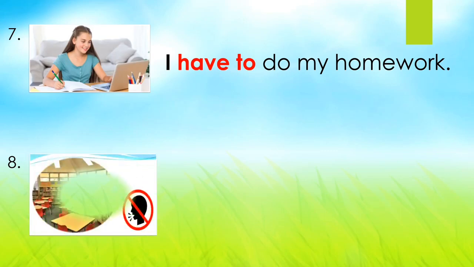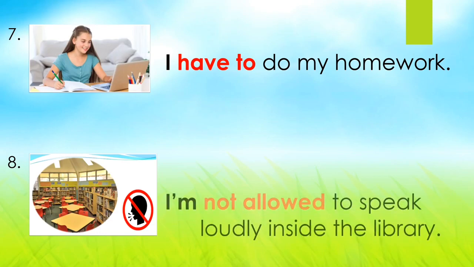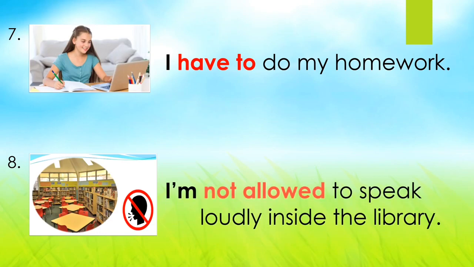And the last picture is, very good, meaning I am not allowed to because there is a red circle there, not allowing anyone to speak loudly. So I'm not allowed to speak loudly inside the library. Very good.